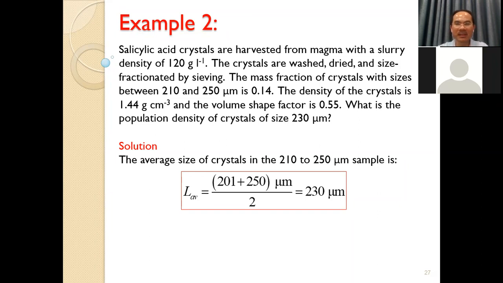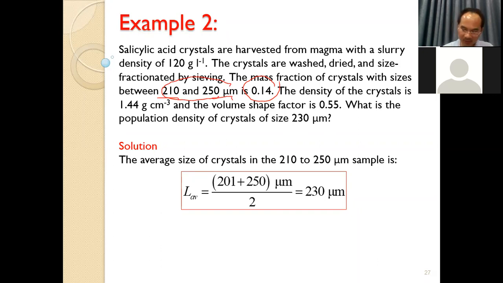The mass fraction of crystal retained on the sieve between 210 and 250 is 0.14. This is the mass retained between these two sieve sizes.